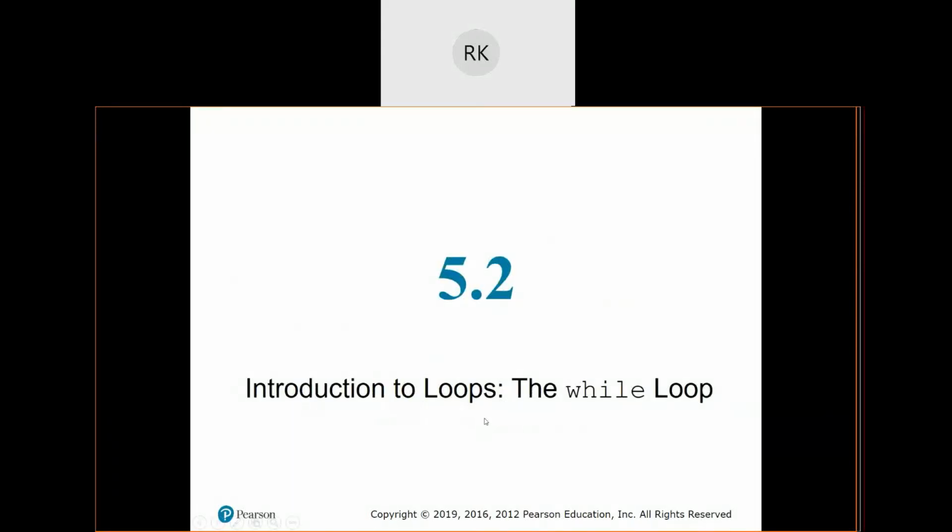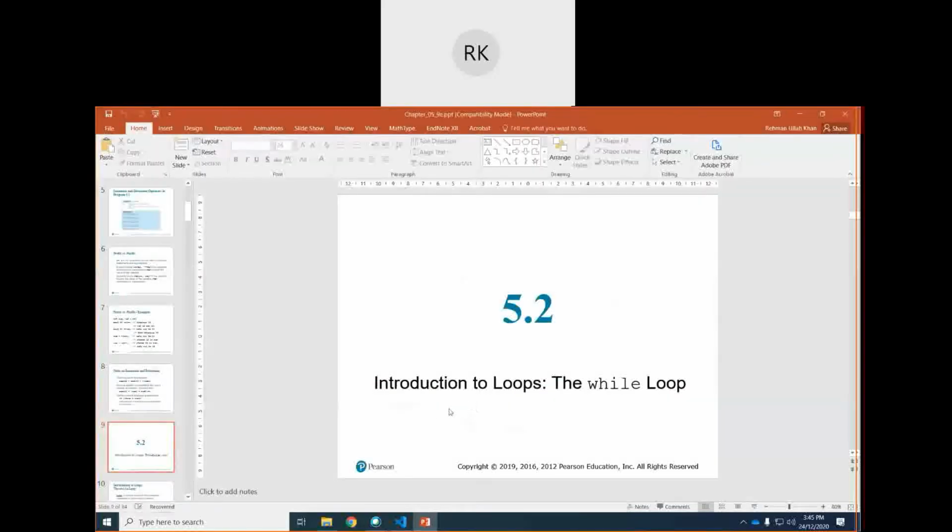After this, once we know the plus plus and minus minus operators, we are going towards loops. So what is a loop? A loop is just anything that you repeat several times.